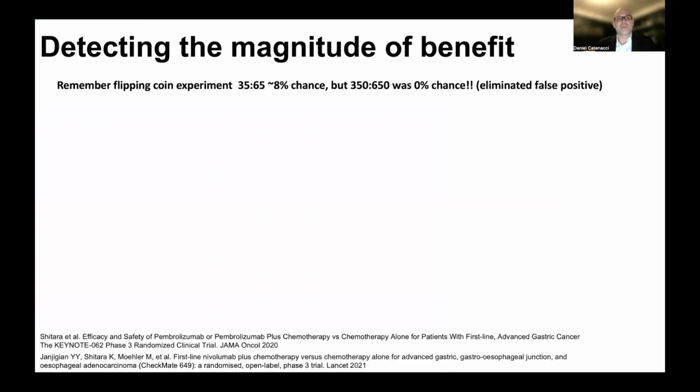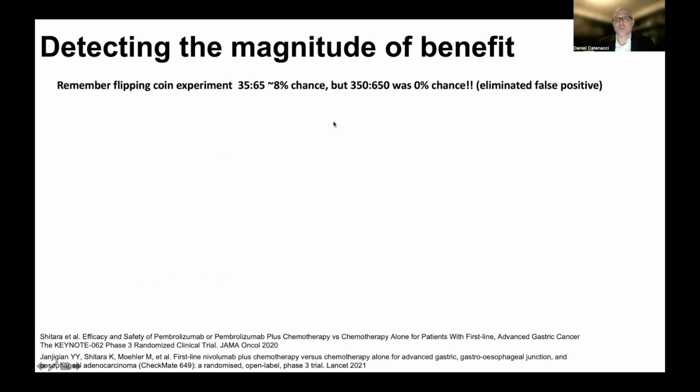So a little bit more about detecting the magnitude of benefit. Remember the coin experiment of flipping the coin and what the chances were of getting 65 versus 35, but the same ratio at much higher repetition, and the chances of that changed because the more times you do it, the less likely you'll get a false positive.